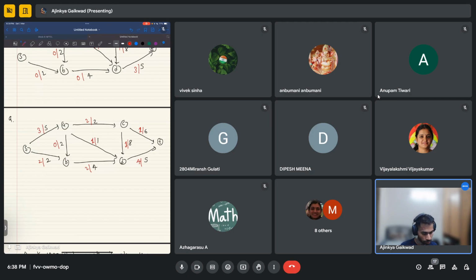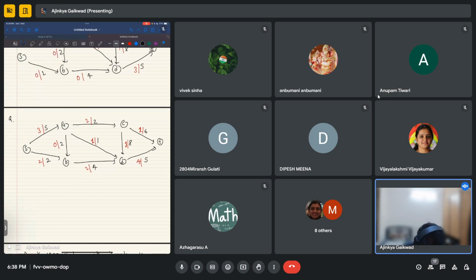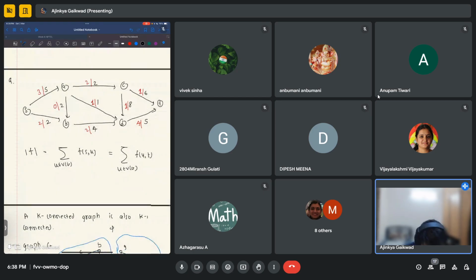Now let's calculate the flow from S to T. The definition of flow from S to T is this, or you can even say this, where u belongs to V of G. So let's see how much this is.